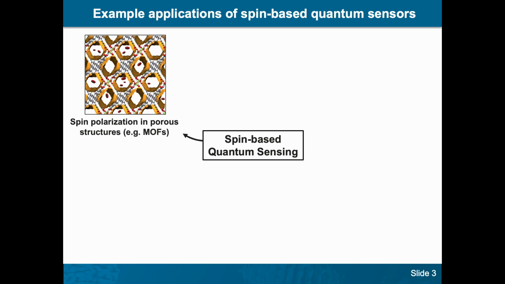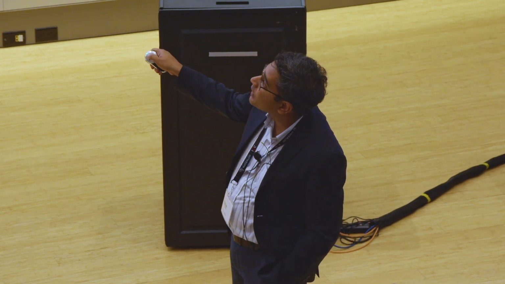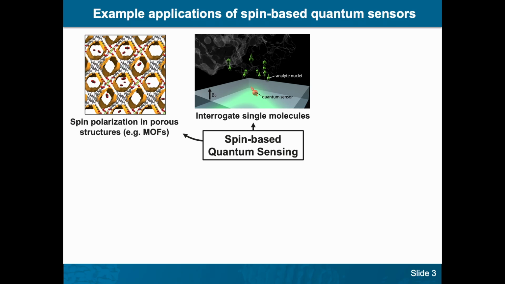I'm going to describe this later on, but then spin polarized materials inside these porous materials. I'm in the chemistry department, and we work a lot with these things called metal organic frameworks. I'll describe this later, but they're highly designer, porous materials. You can tune the size of these pores, and you can line these pores with quantum sensing materials, and you can either sense or polarize materials with it. And this is an active area of research.